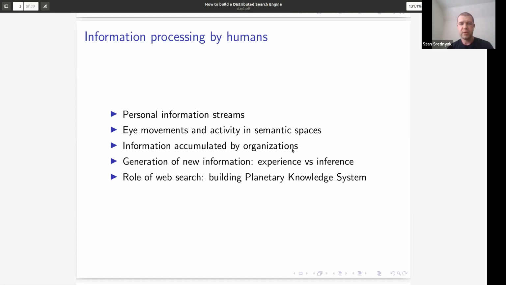For example, eye movements are very important because they show how attention is distributed over the material that the person is consuming. And this information can be used to get insight into what's actually going on, from an information theory point of view, in the person's mind.